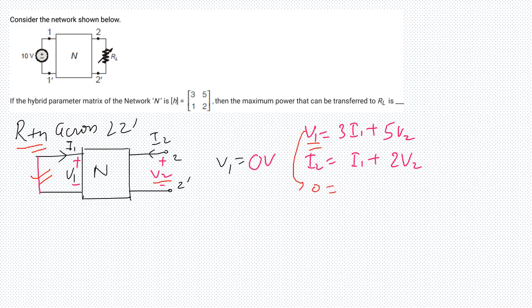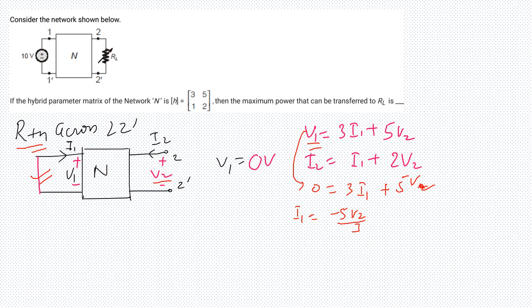So 0 equals 3 I1 plus 5 V2. Now I can write I1 in terms of V2: I1 is equal to minus 5 V2 by 3.